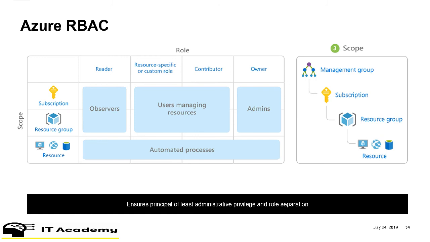The owner can also make other people contributors. The contributor role, just like the owner, can create whatever resources or resource groups he or she wishes in the subscription. However, what they can't do is make other people contributors. Only an administrator can grant other people administrative access.